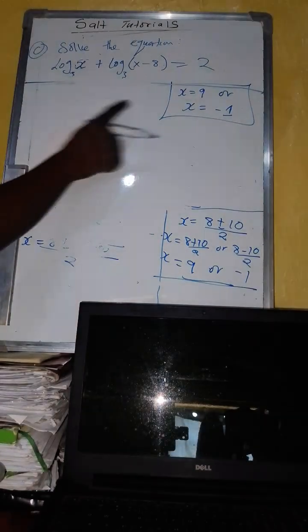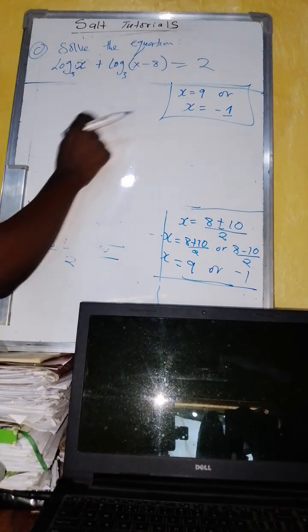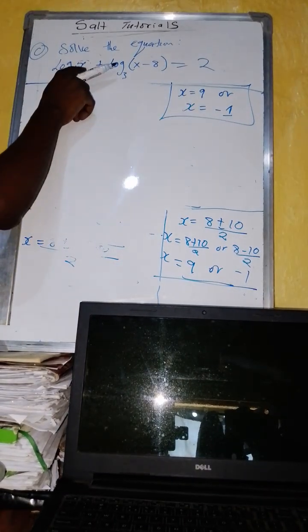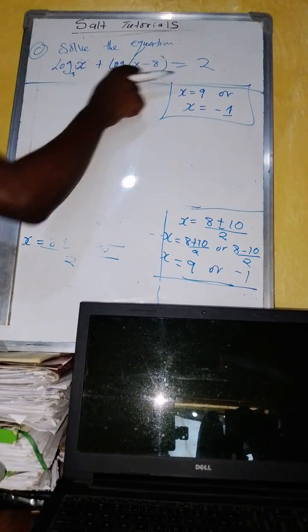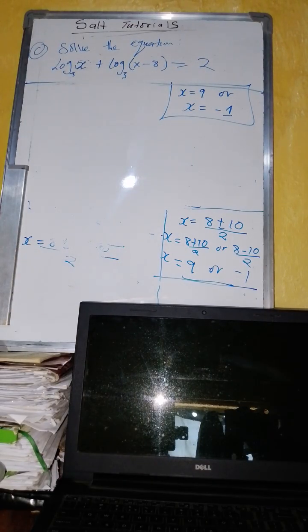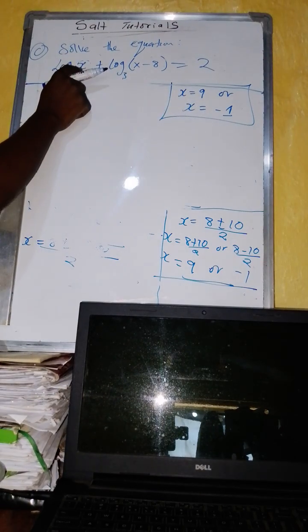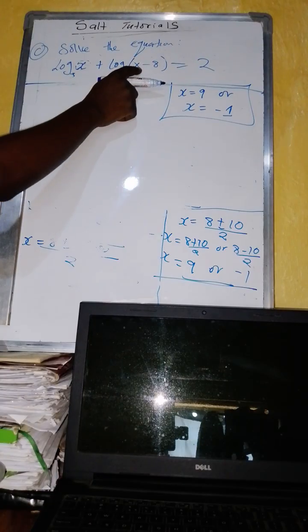Let me just delete this part. So if I say x is equal to negative 1, what is going to happen? If I put negative 1 here, this will be a negative input, making this function undefined. But if I put a 9 here, this will be valid. It will be a positive value.